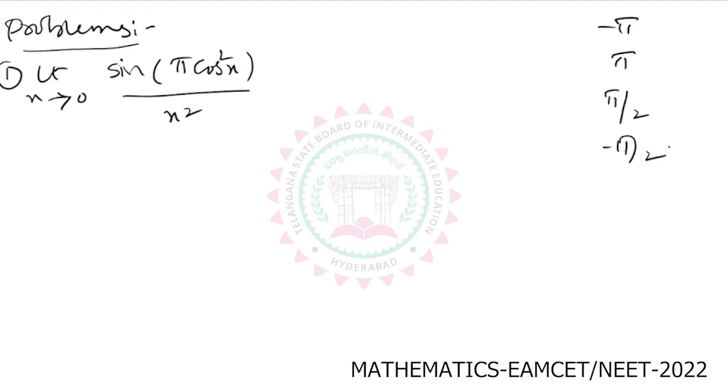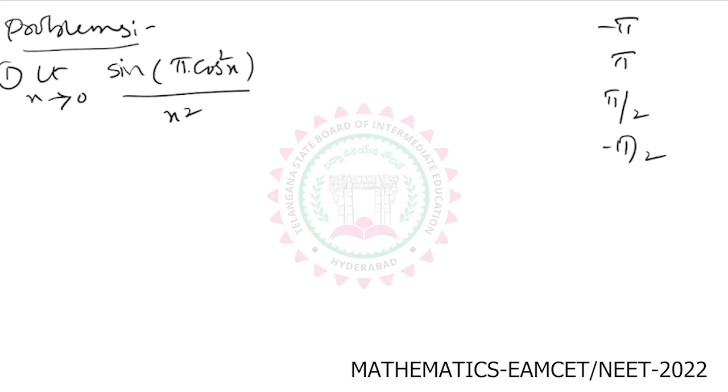Now, if I apply the limit, what is the limit? 0. If I apply the limit 0, cos 0 is 1. Pi, sin 0 is 0, cos 0 is 1, so sin(pi) by x square. What is x? 0.